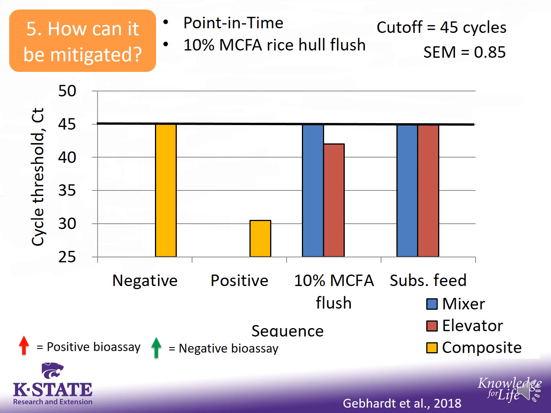We also sent some of these samples to a bioassay, and the negative diet as well as the flush and the feed were bioassay negative, while the positive diet was, as expected, bioassay positive. This demonstrates the potential, at least, for something like medium-chain fatty acids to be combined with rice hulls to reduce the likelihood of causing infectivity within pigs.